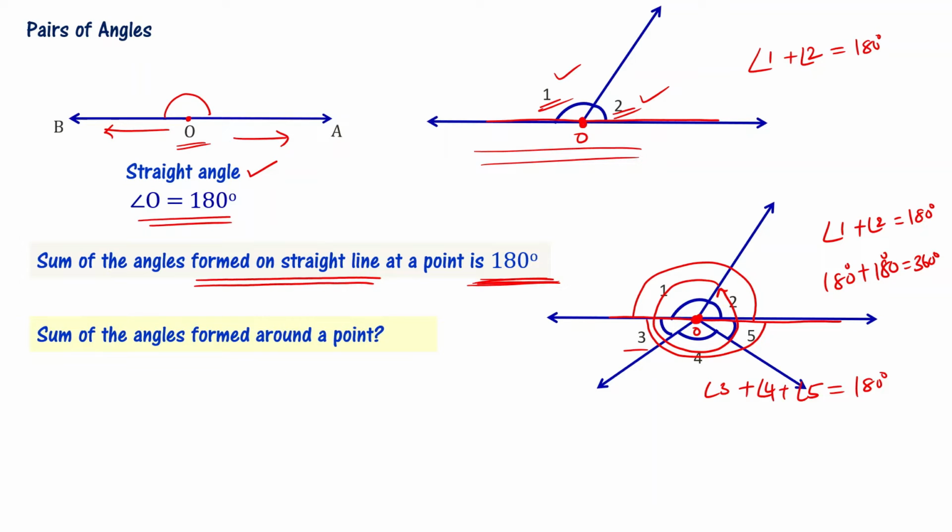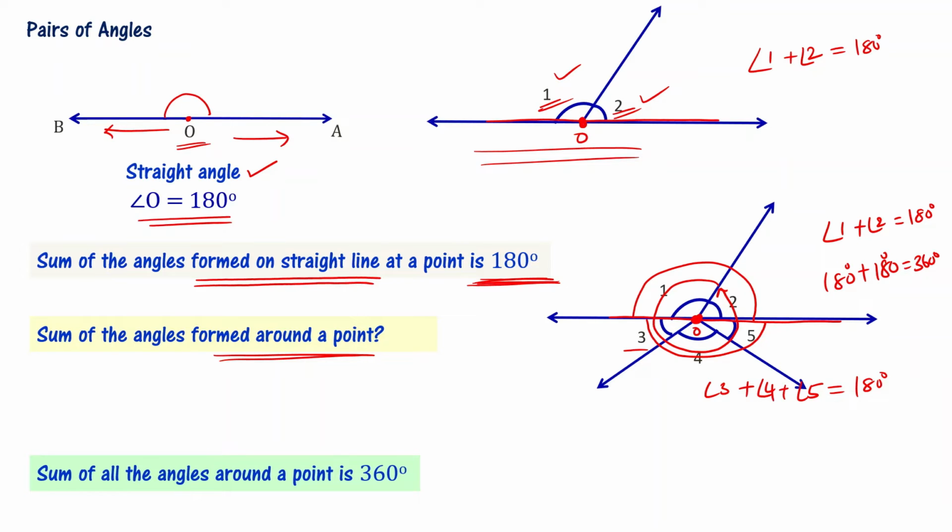The sum of the angles formed around a point is 360 degrees, right? The sum of all angles around a point is 360 degrees. Please note this. The sum of the angles formed on a straight line at a point is 180 degrees, and the sum of all the angles around the point is 360 degrees. Got it?